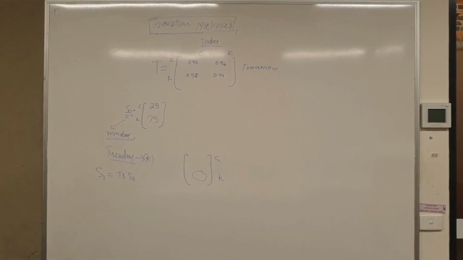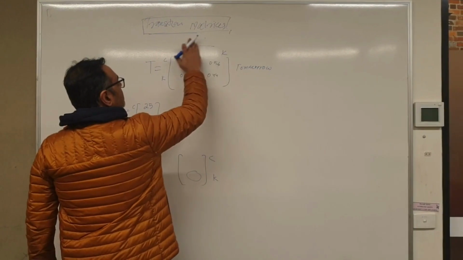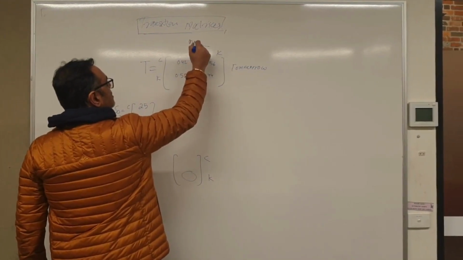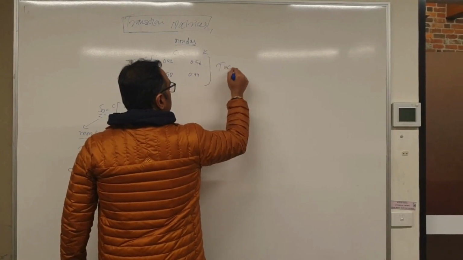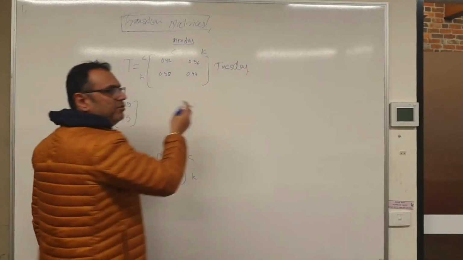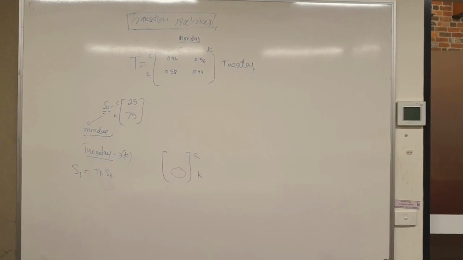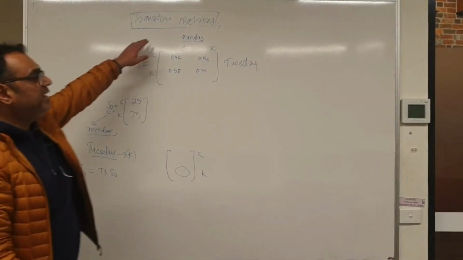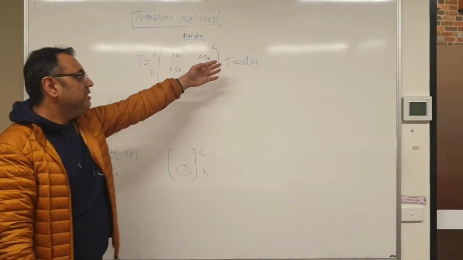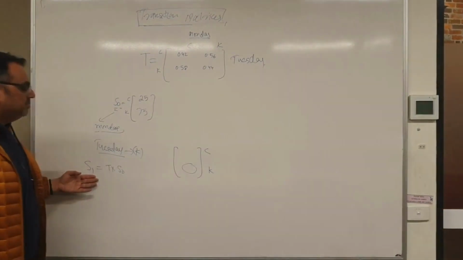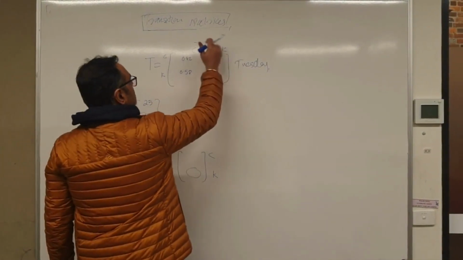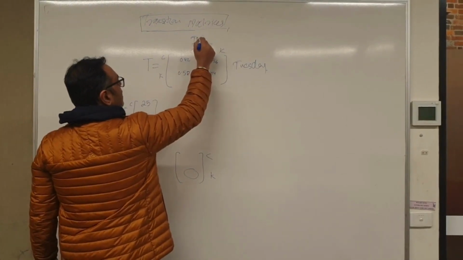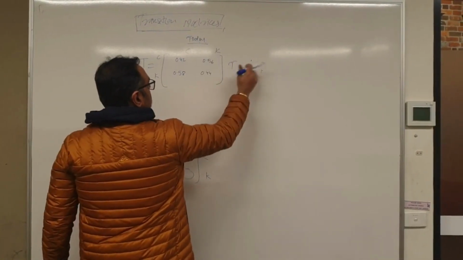So in the question, if they would have given you something like this, Monday, Tuesday, then you would have said, okay, this is today, this is future. He's asking for future, so let me calculate this one. But they're not that straightforward. They'll not say that. They'll say today and tomorrow.